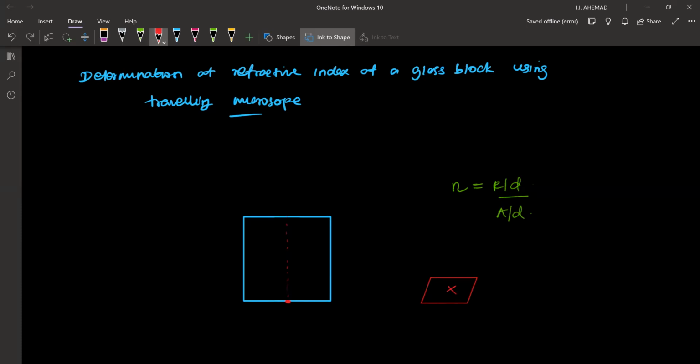First you do not place the glass block. Just placing this, you take the microscope reading RA. This is the first thing you have to do.